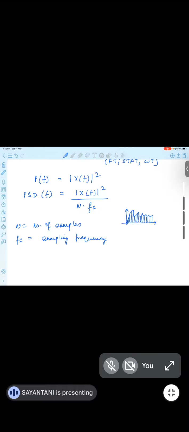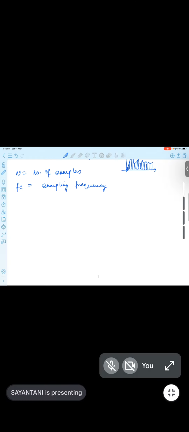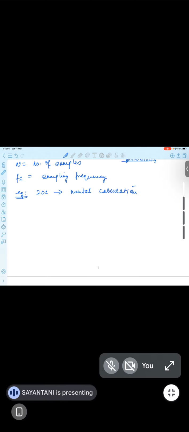Now, what is the link between number of samples and sampling frequency? Let me give you a short example. Say, as an example, for 20 seconds you are telling a subject to perform a mental calculation, during which, of course, you are taking the EEG signals from the scalp of the subject. Now, for every EEG device or any kind of brain acquisition device, there is a sampling frequency rated for that device, okay? The device we have in our AI lab, the sampling frequency is 500 Hertz.